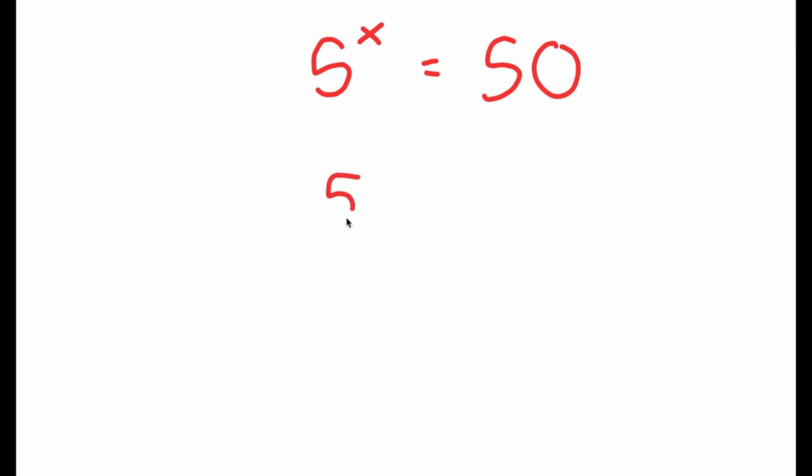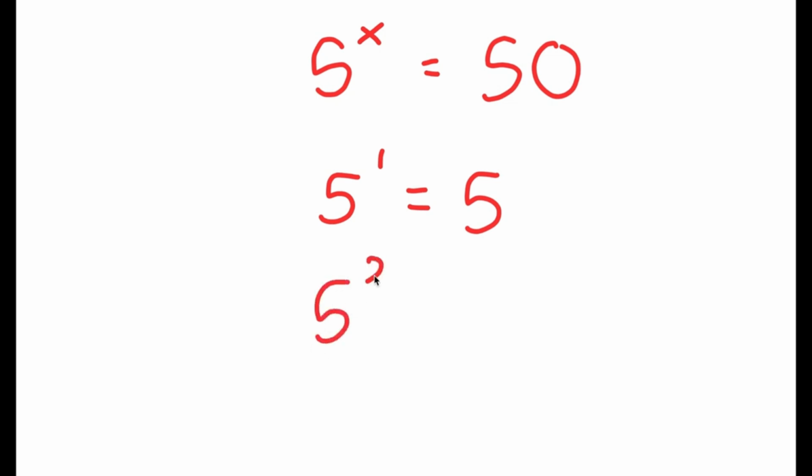Alright, so in this video, I'm going to be solving the equation 5 to the power of x is equal to 50. So to first start with this problem, let's test different values of x. So if x is 1, then I get 5 to the power of 1, which is equal to 5, and this is too low.